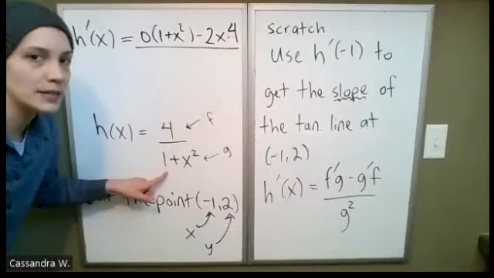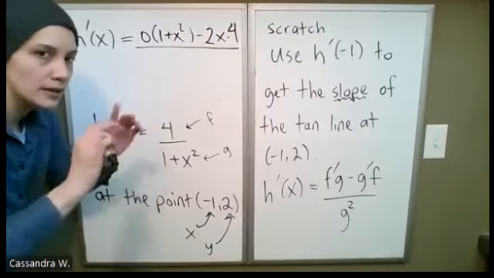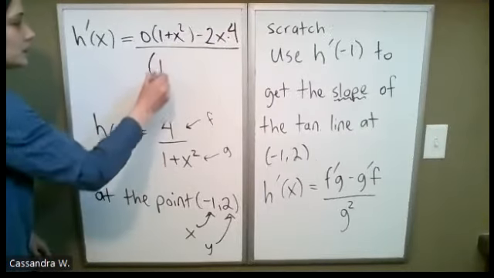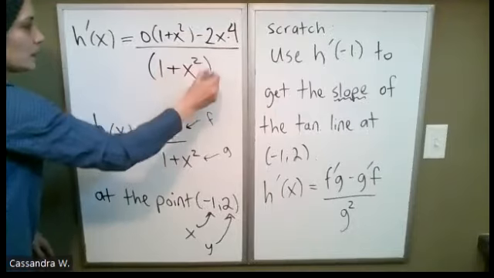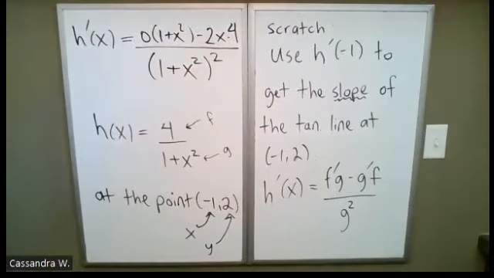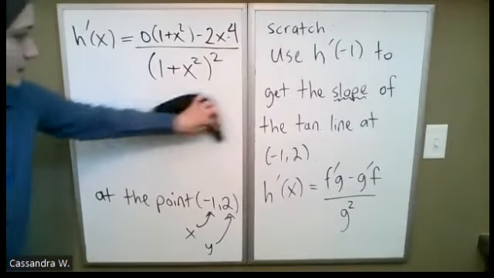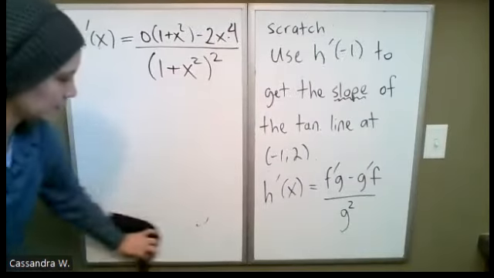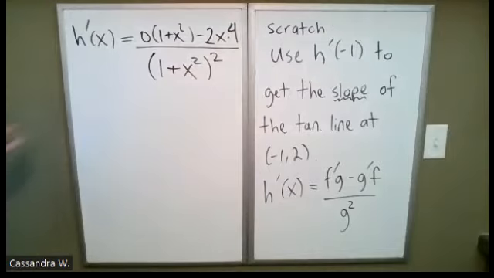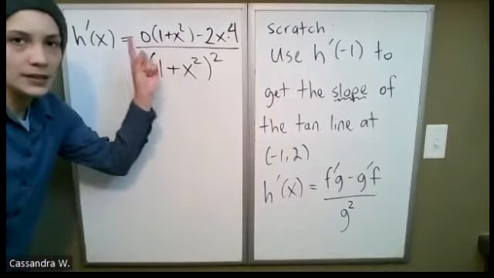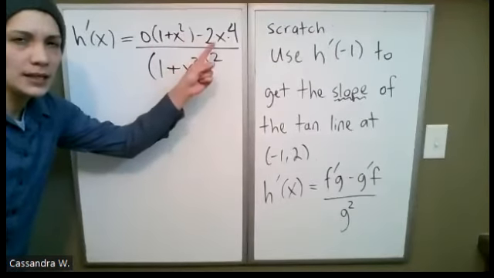Divide by the denominator squared, 1 plus x squared, squared. Let's see, 0 minus 8x.